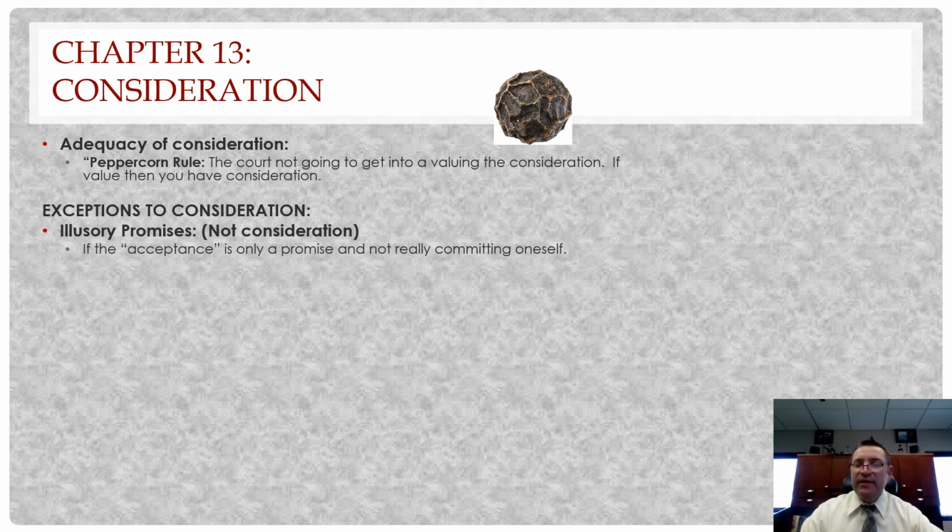I think I'm going to buy that bike, right? I agree. That $50 is a great deal. That bike would be great for me, right? That's an illusory promise. I haven't really agreed to pay you the $50 or anything like that, right? So if that's the type of situation, when one person is not really committing himself, the court's not going to find that to be consideration, all right?